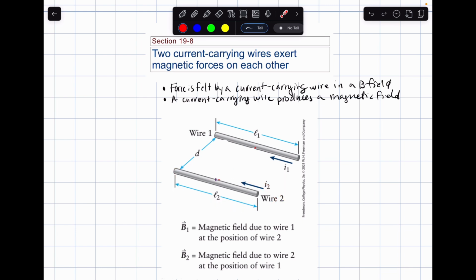Well, the first wire is making a magnetic field, and that's the magnetic field that the second wire is going to experience. The second wire is not going to feel its own field. The second wire is only going to feel the field due to the first one.